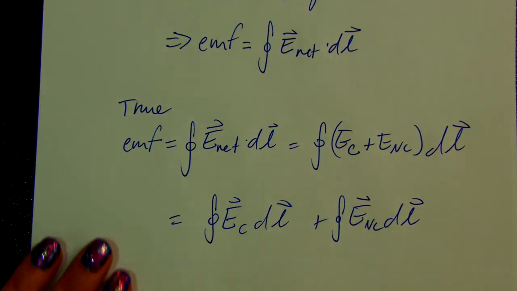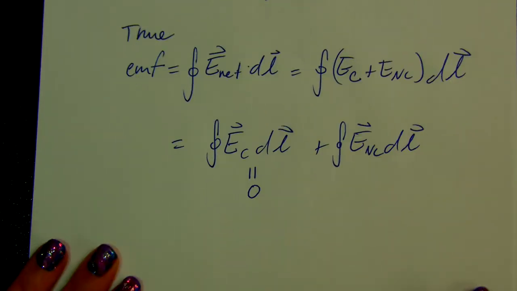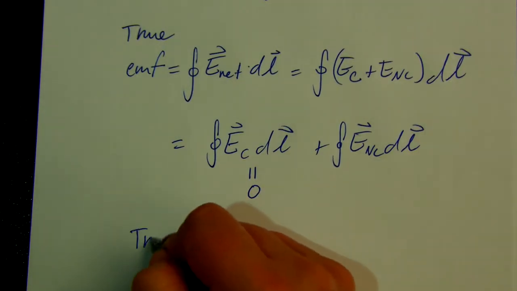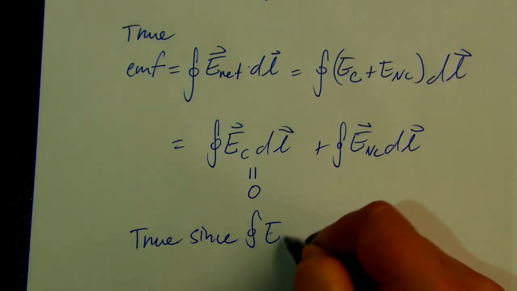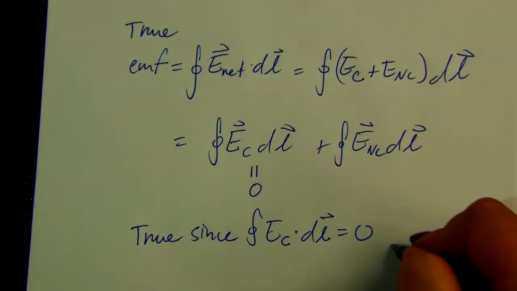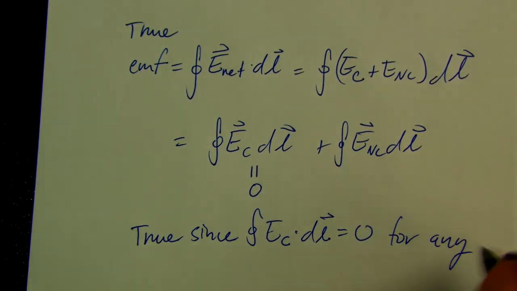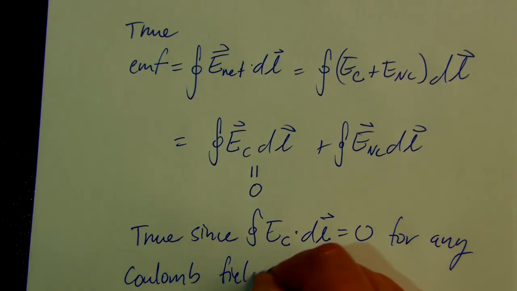Okay, so if you recall, this is equal to 0. And this is true since EC dot DL is equal to 0 for any Coulomb field. And we talked about that in the last chapter.